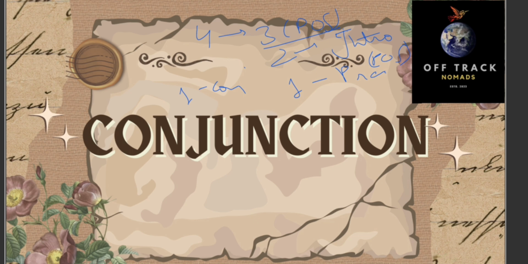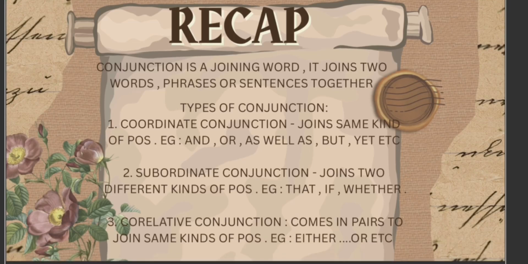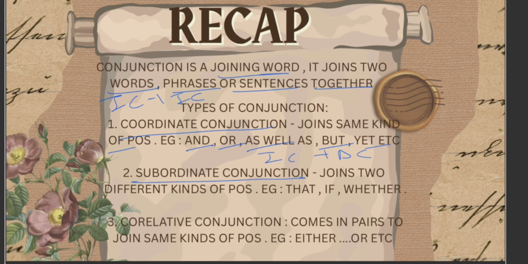Okay. Now let's start with this class. A quick recap of the class which we have done previously. A conjunction is a joining word that joins 2 words, phrases, or sentences together. The types of conjunction are coordinating conjunctions. As we all know, it joins independent clause plus independent clause. Same kind of parts of speeches. Examples are and, or, as well as, but, yet, etc. Then we have subordinating conjunctions, which are independent clause plus dependent clause.